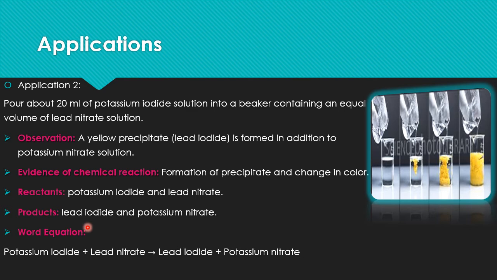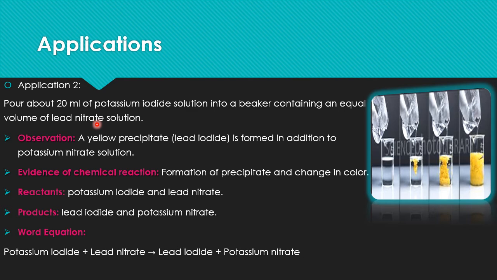Let's take another application. You have to mix two colorless solutions. The first colorless solution is called potassium iodide, and the second colorless solution is called lead nitrate, as represented in the first part of this figure. So both solutions are colorless.